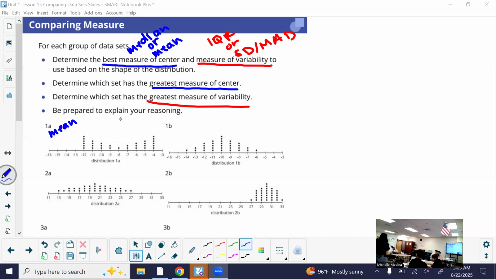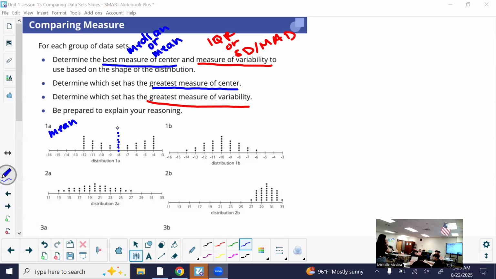Okay. So class, why do we choose the mean for this data distribution? Because it's symmetric. When it's symmetric, we always prefer the mean. You guys know what it means for something to be symmetric? It means you can draw a line somewhere and it be a mirror image on both sides. Okay, so that's why we prefer the mean.